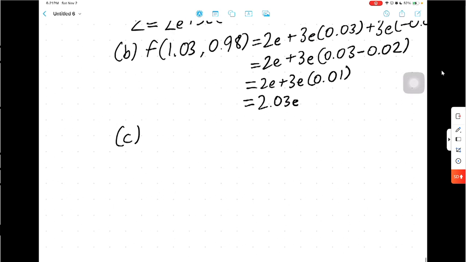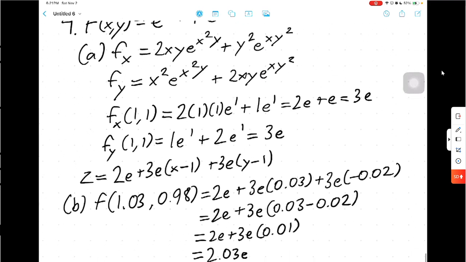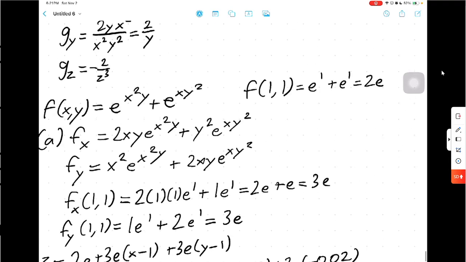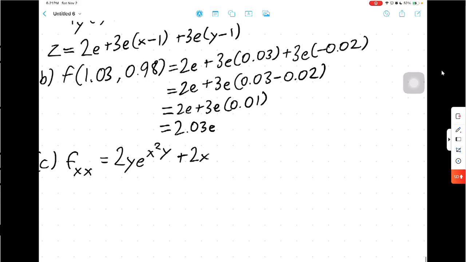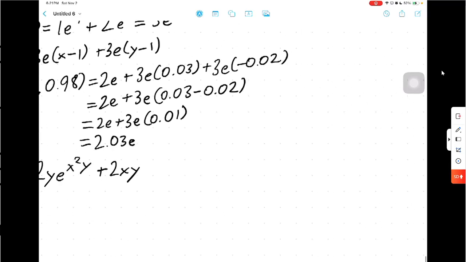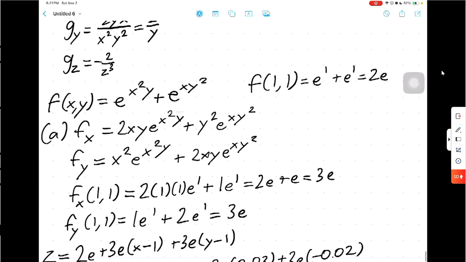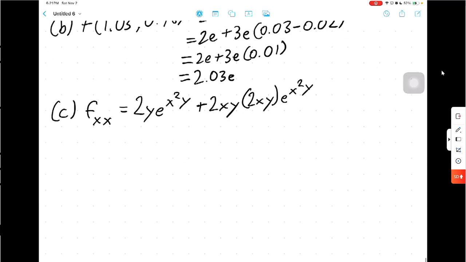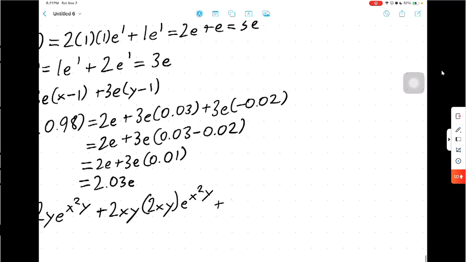C. Compute the second derivatives. So with the first derivatives already calculated, fxx will have 2y e to the x squared y plus 2xy, and then we have 2xy again, because we have the derivative of this with respect to x, e to the x squared y, plus y squared times y squared again.